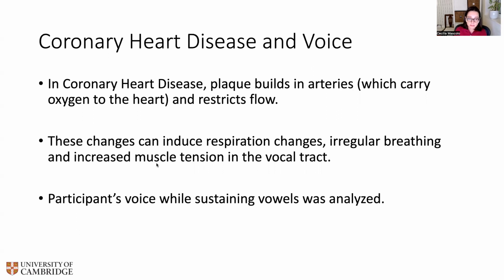And because of this it might induce changes in respiration, generate irregular breathing, and increase muscle tension in the vocal tract. And so because of this relationship, there is a possibility of hearing this in the participant's voice, especially when they are pronouncing sustained vowels. Sustained vowels means I'm saying ah, e, e. So when this is done, it might be possible to detect something in the data.